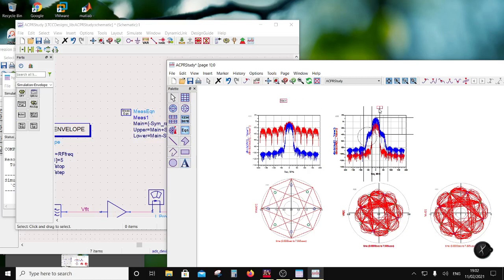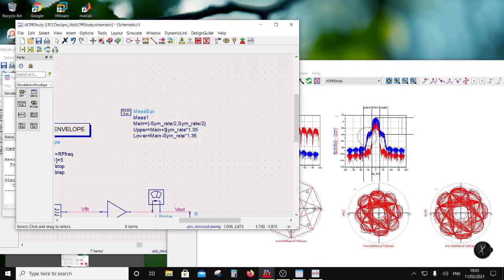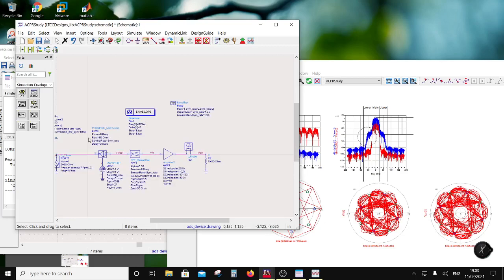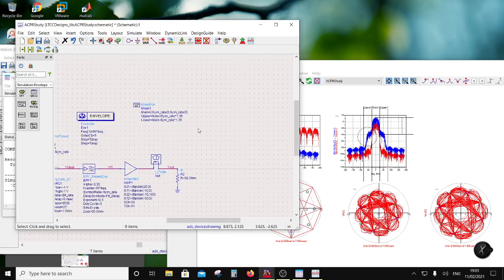This is your main, and then I have got the upper channel, and then this is your lower channel. So you have a main channel, upper channel and lower channel, and I have a 35% excess bandwidth because of the filter, right? So that is for the scaling.